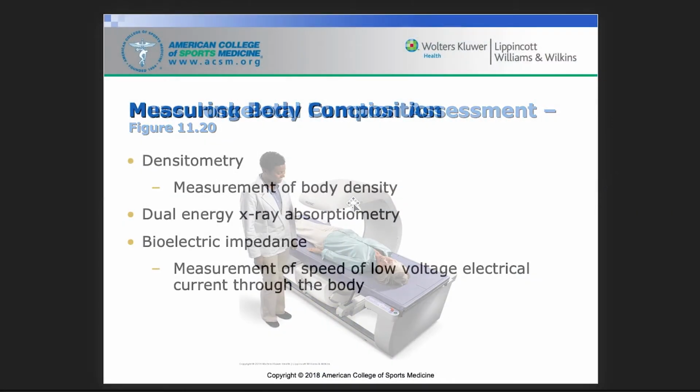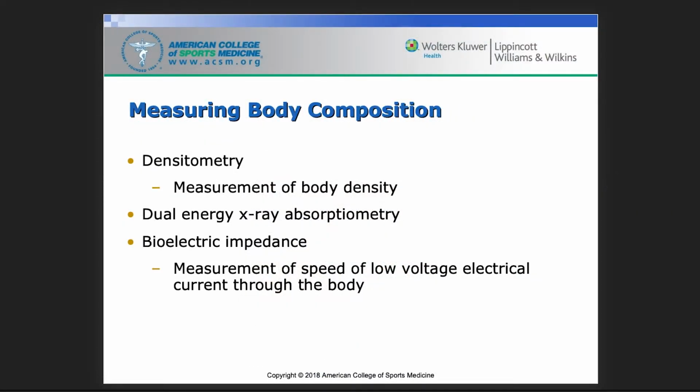Let's move on. Measuring body composition continued. We can use something like densitometry. There's a lot of different methods to this. DEXA is one of them. But we're basically just measuring the body density. The underwater weighing is one of them. Basically, you're getting in water, and we need to dunk you into water, and we're going to see how much you float.